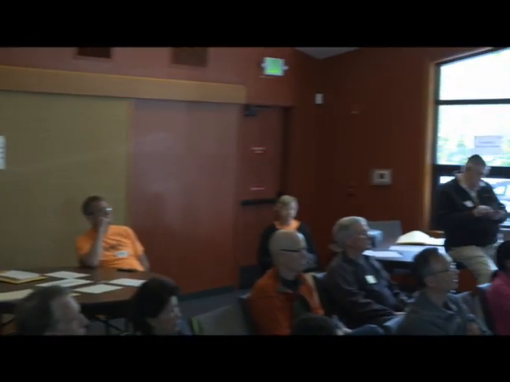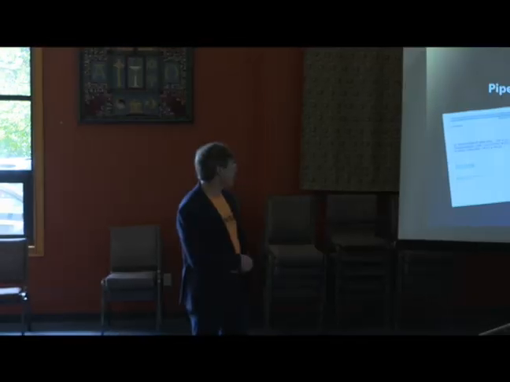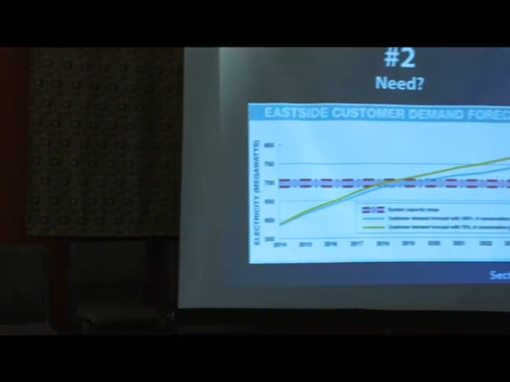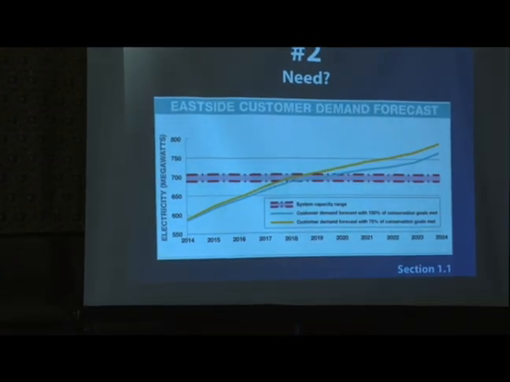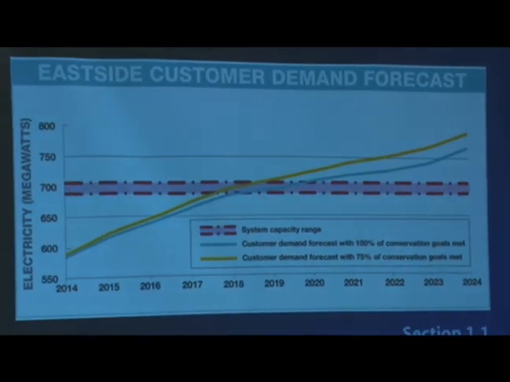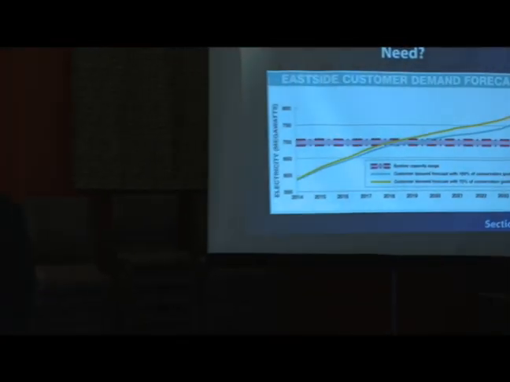If you notice here, the slope seems to be steeper than over here, which is a little bit weird. This area here is growing at what we say almost 10 times the rate that Seattle City Light is projecting for their customers. So it's just really weird.